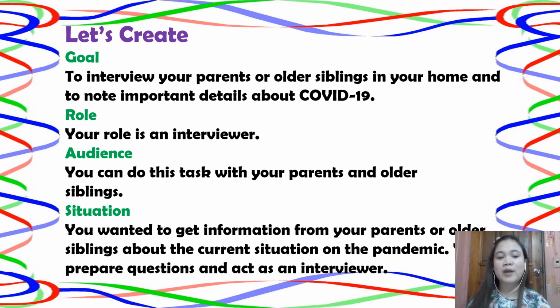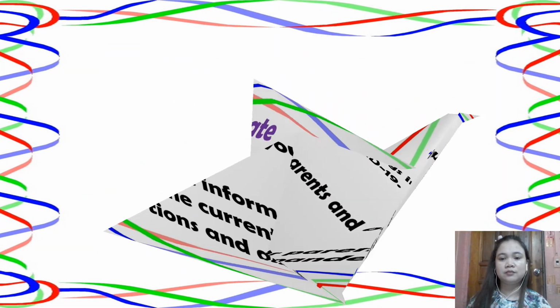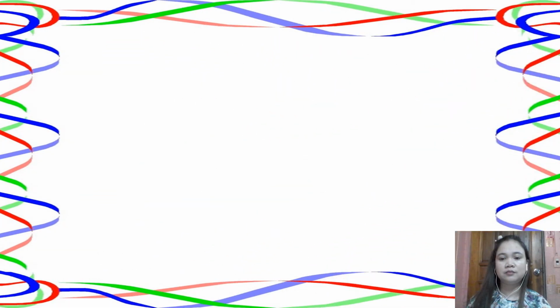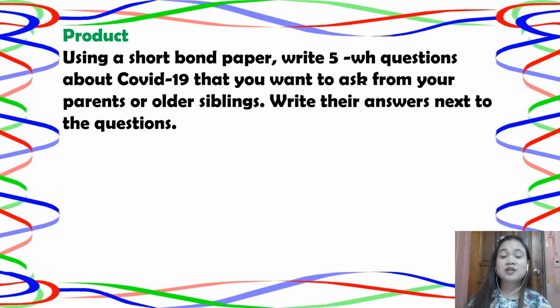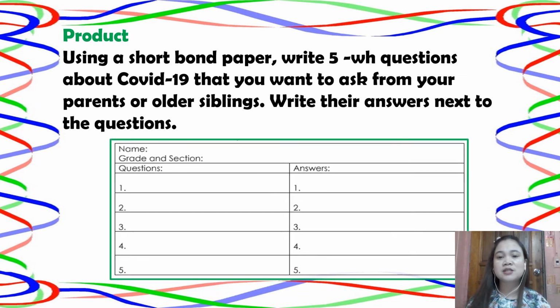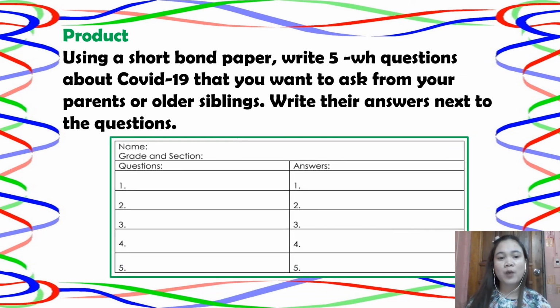You prepare questions and act as an interviewer. Using a short bond paper, write 5 WH questions about COVID-19 that you want to ask your parents or older siblings. Write your answers next to the questions.